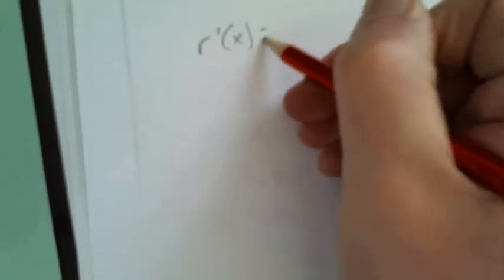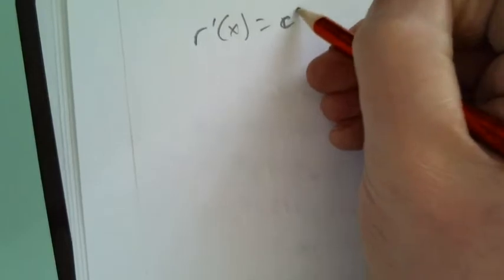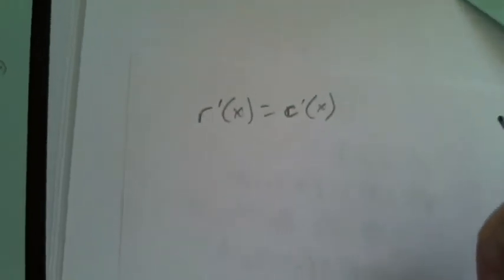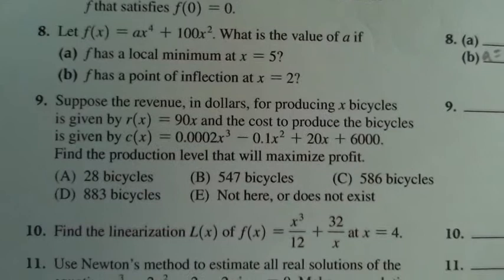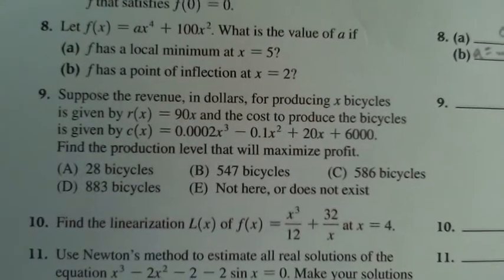Actually, marginal revenue equals marginal cost. This is the point of greatest profit. That will do fine. Let's see here. So revenue equals 90x, so that means marginal revenue is just equal to 90.